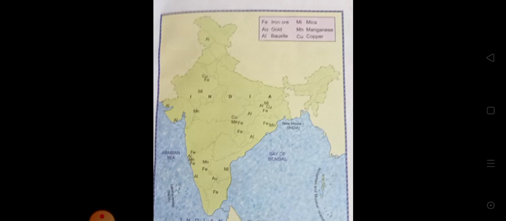Let us see how our major mineral resources are distributed and used. In the map you can see the main areas where we can find mineral resources. Iron ore is the most important metallic mineral, and it is used for making steel.